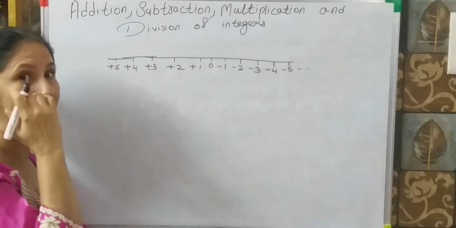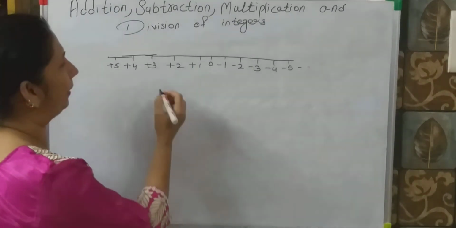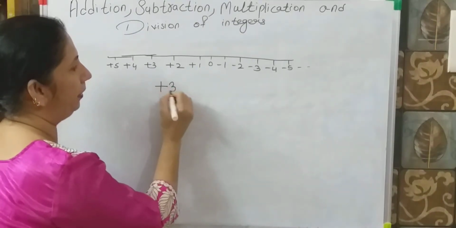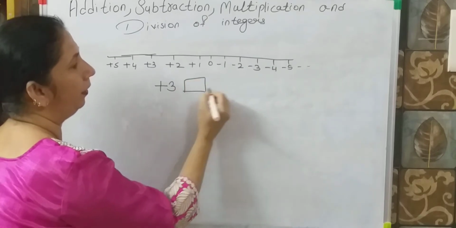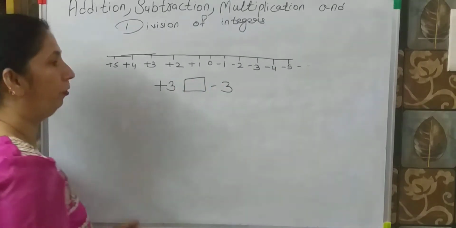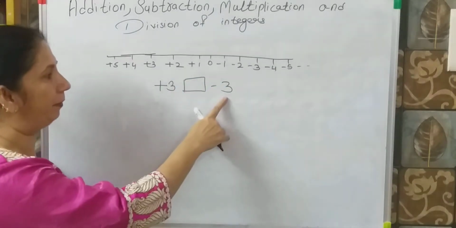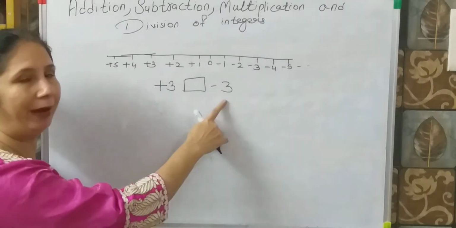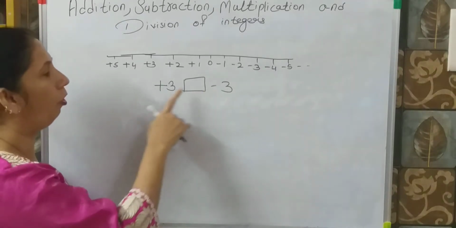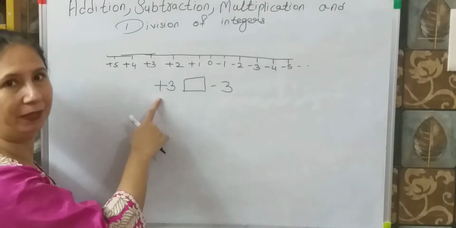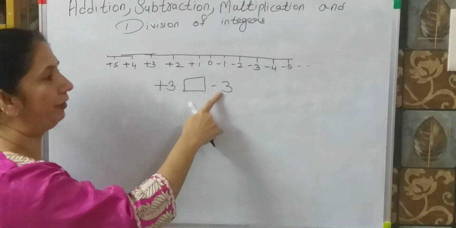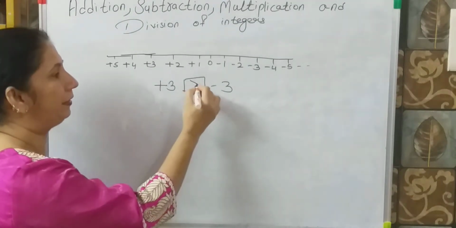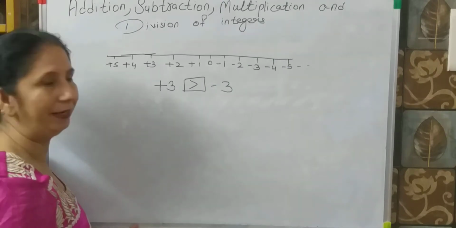Suppose, for example, I am giving you one example: +3 on one side, -3 on the other side. Now if you want to compare these numbers, is +3 bigger or -3 bigger? Always the positive sign is bigger as compared with the negative sign. So +3 is bigger than -3.